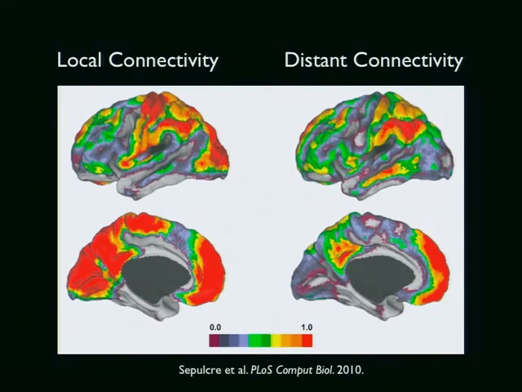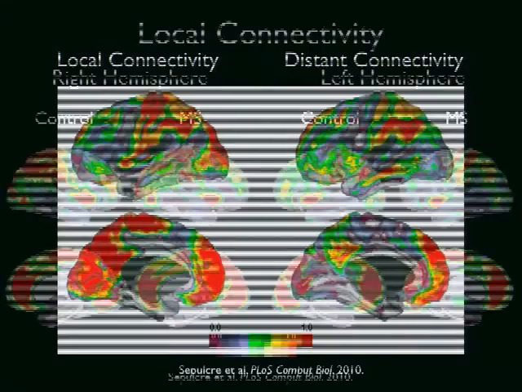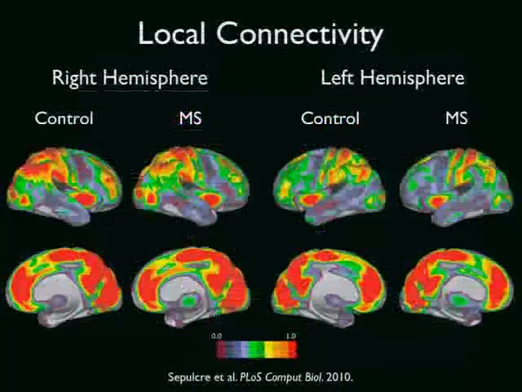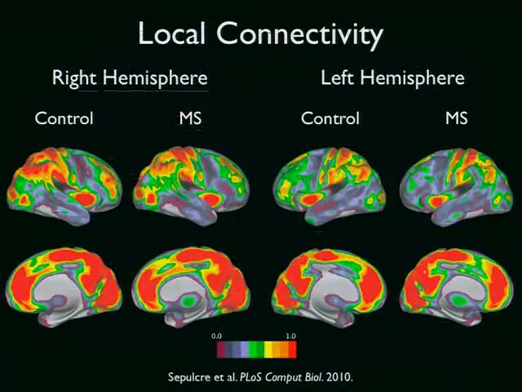And so what we've done is to use those scripts to look at differences in local connectivity in patients with MS compared to controls. The point, I think, is to try to take a very focused determination of connectivity in order to measure the functional impact of a specific gray matter lesion.